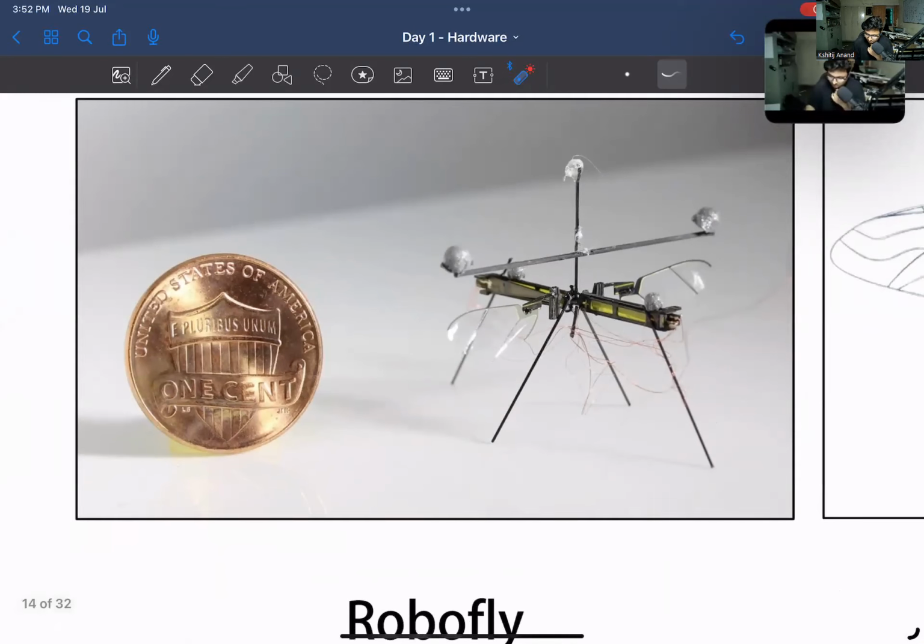As you can see, these are the tiny wings it has got. These are some triboelectric actuators, and these are the copper wires that you are seeing. These copper wires are powering this flapping wing MAV. This coin here has been shown to make you understand the relative sizing.